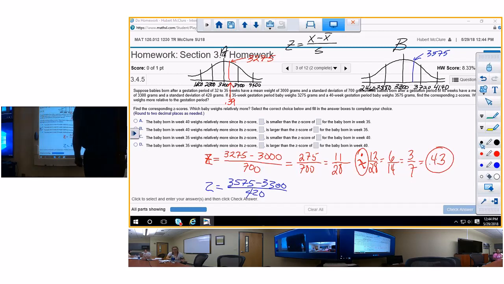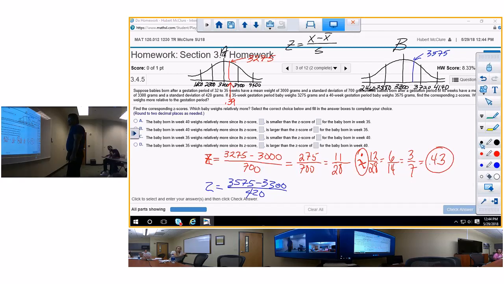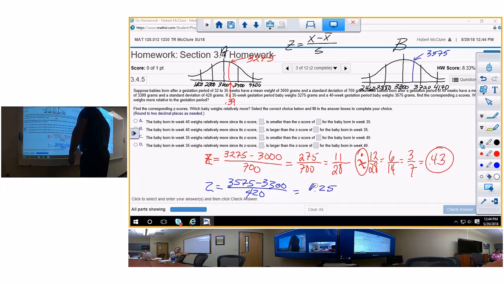So that's 35.75 minus 33 is going to be what? 2.75? Somebody help me out. Over 420.